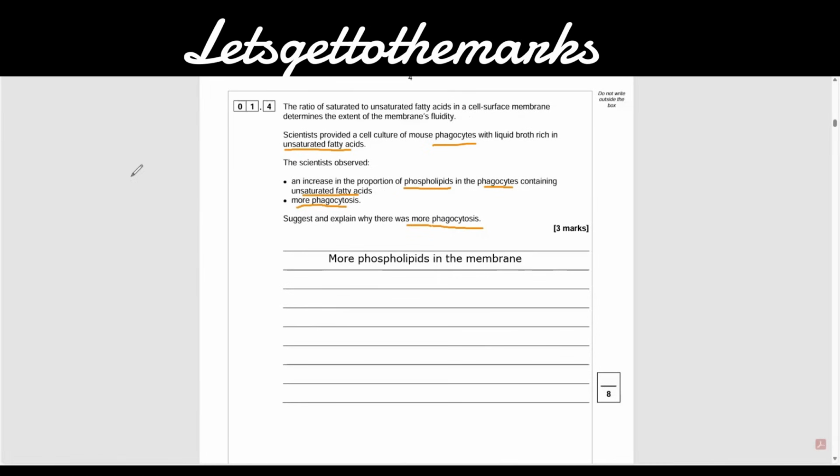So the more phospholipids there are in the membrane, it appears that their data shows the more unsaturated fatty acids they had.